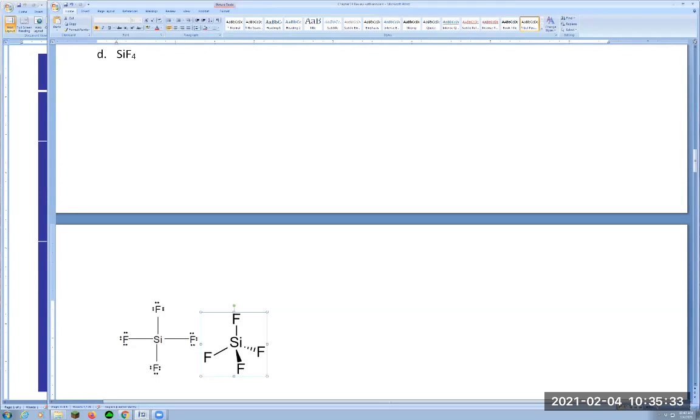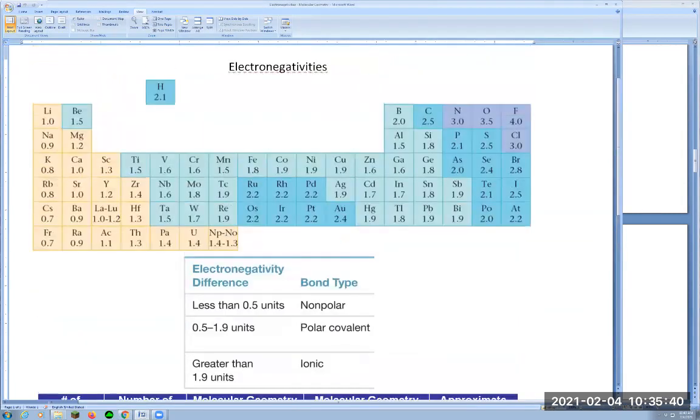So now let's determine if we have polar bonds. So let's look at silicon and fluorine electronegativities. And silicon is 1.8, fluorine is 4.0. So we do 4.0 minus 1.8. That's, hold on. That's 2.2.